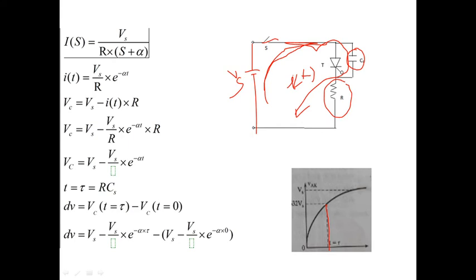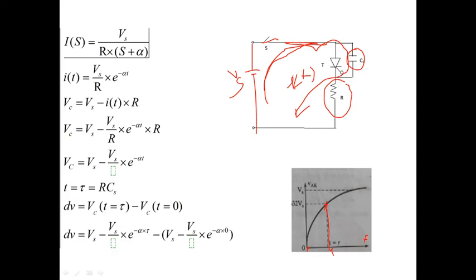This is the voltage at the capacitor when t is equal to tau, minus the voltage at the capacitor when t is equal to 0. So Vc is Vs minus Vs e^(-alpha t). So when t is equal to tau equal to RcS, what happens? This is the value when t is equal to tau. This is the t axis, the independent axis.